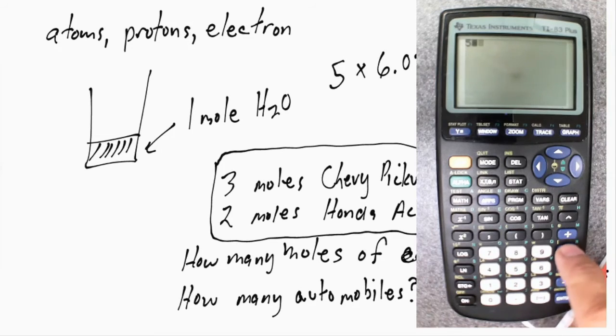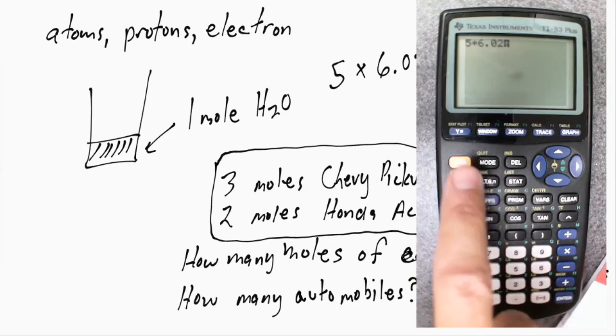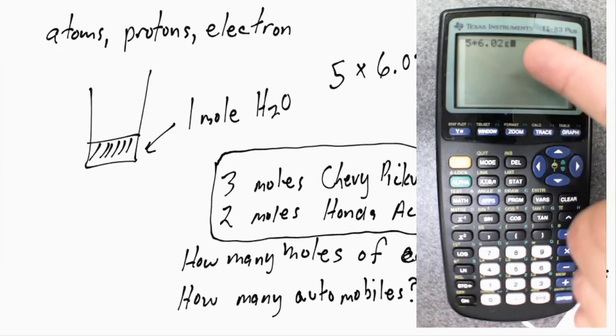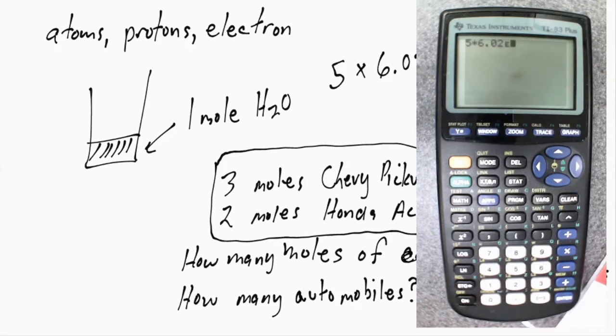5 times, now be careful, this is how you want to type in Avogadro's number, 6.02, and to put in the times 10 to the, you do second function double E, which brings up this letter E, which represents times 10 to the something power, and we're going to put in 23.